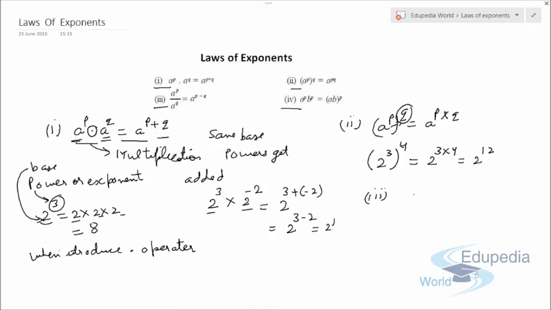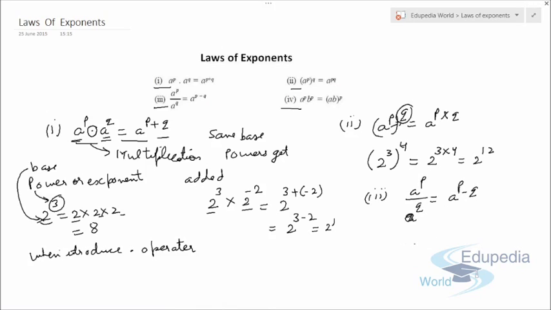Now the third law is a raised to power p upon a raised to power q equals a raised to power p minus q. Means whenever we have the same base and they are dividing each other, then the powers get subtracted.